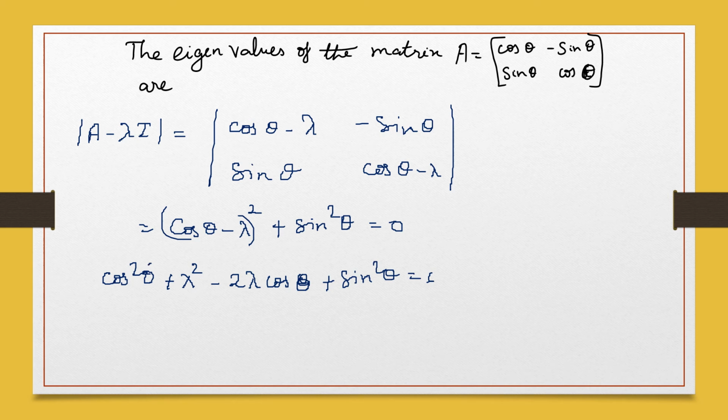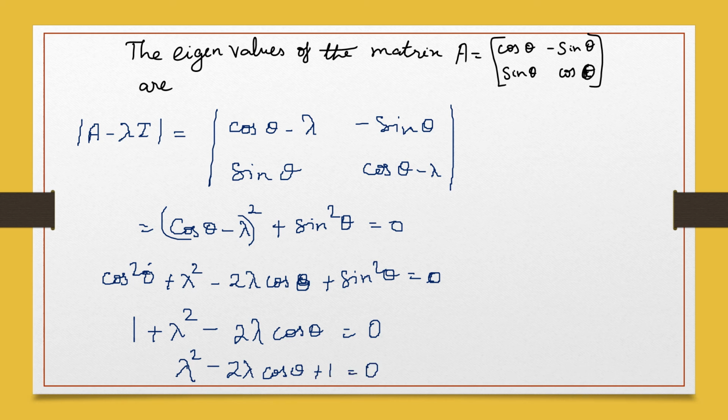Cos square theta plus sine square theta will become 1, plus lambda square minus 2 lambda cos theta is equal to 0. So it is in the form of lambda square minus 2 lambda cos theta plus 1 is equal to 0.